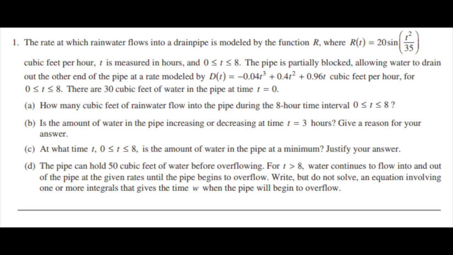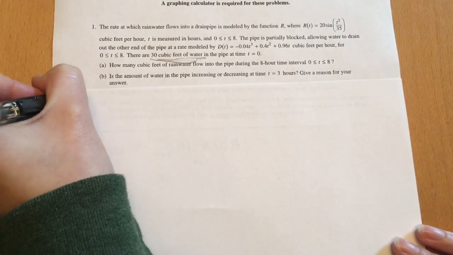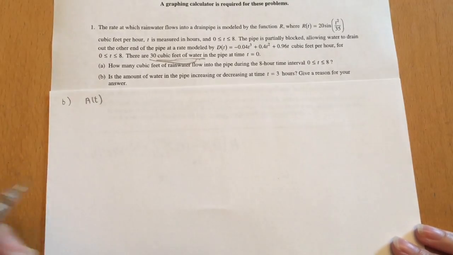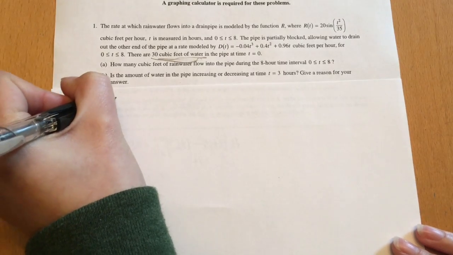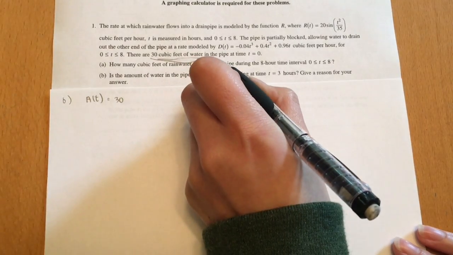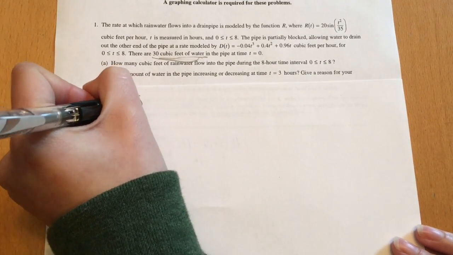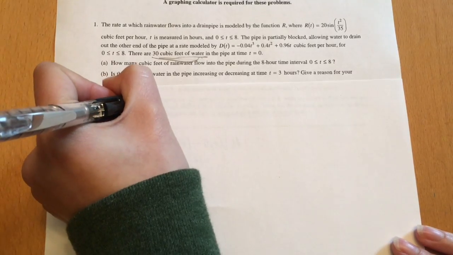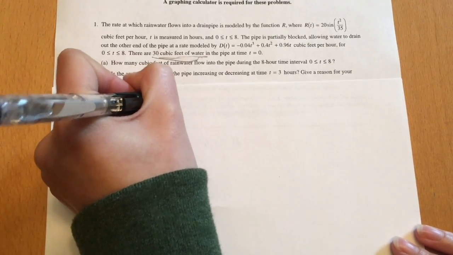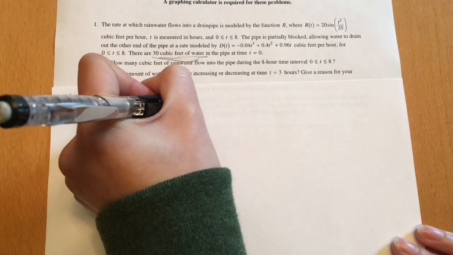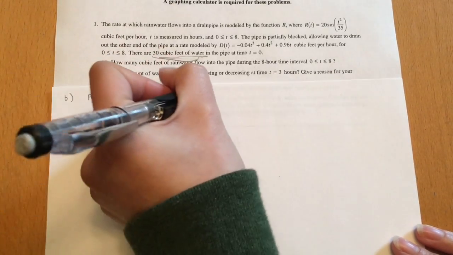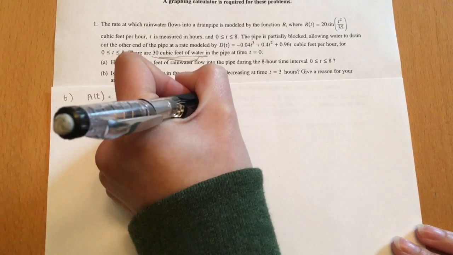For Part B, the question asks, is the amount of water in the pipe increasing or decreasing at time t equals 3 hours? Give a reason for your answer. So we know that the amount of water in the pipe, A of t, is equal to the initial amount of water, 30, which is given in the problem at time equals 0, plus the integral from 0 to t of r of x dx minus the integral from 0 to t of d of x dx.